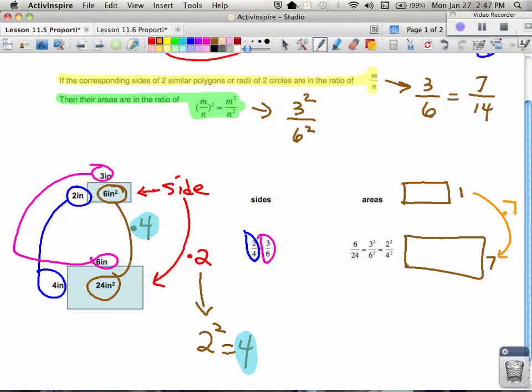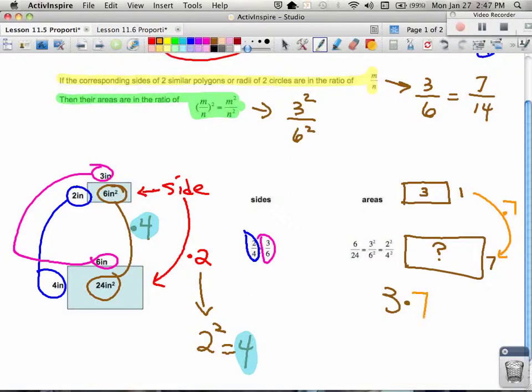And then if I told you, hey, in that first triangle on the inside here, the area was 3. And then the question is, how big is the area in the second rectangle? And I know that in order to find that out, I would take that 3 and I should multiply it by something. But I don't multiply it by 7, which is how I got to the next side.